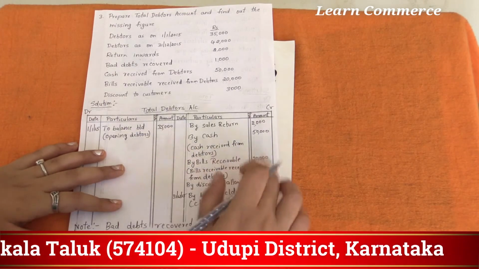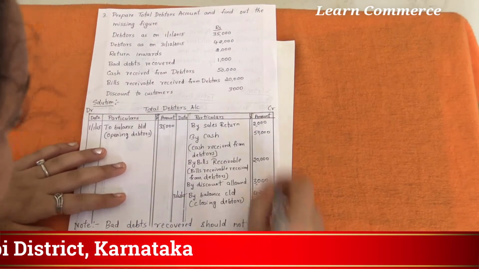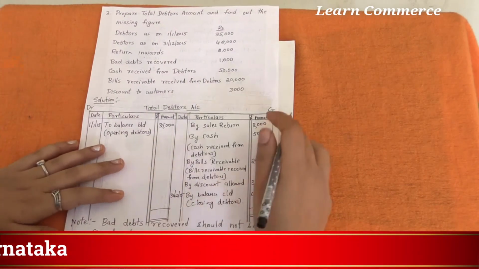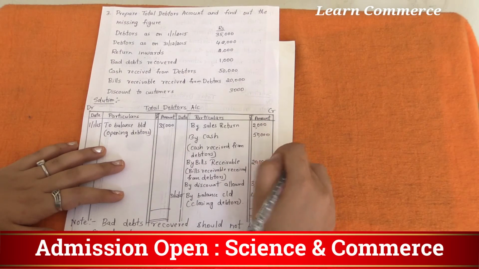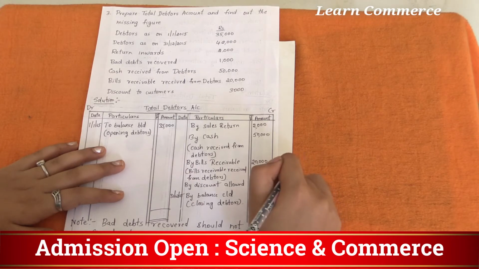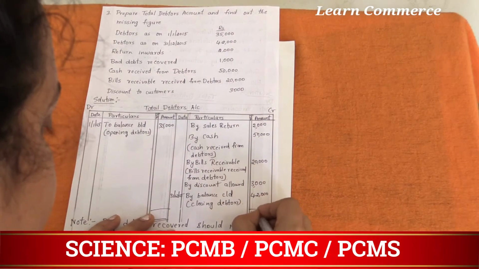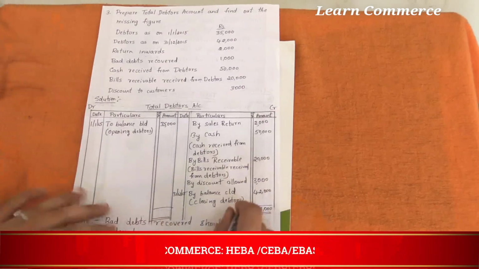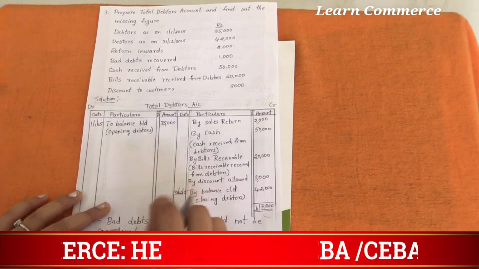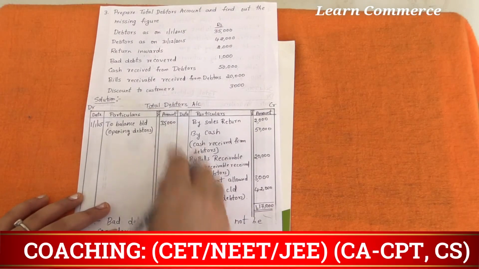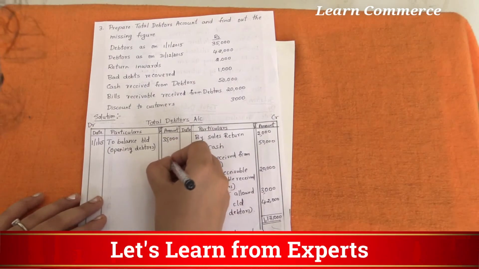Now just compare both the amount columns, which amount is more. I think the credit side is more. Make a total: 2,000 plus 50,000 plus 20,000 plus 3,000 plus 42,000. The total will be 1,17,000. Here also write the same. From 1,17,000 minus 35,000, you can get 82,000.